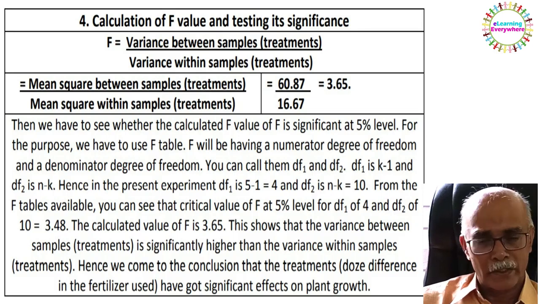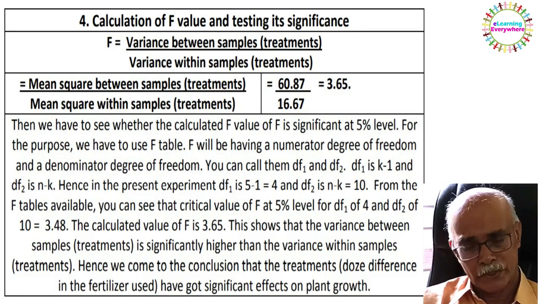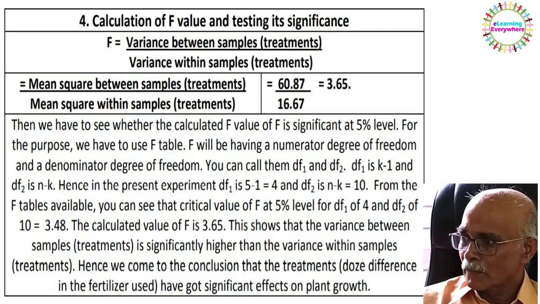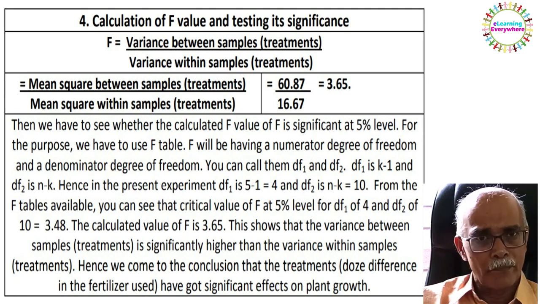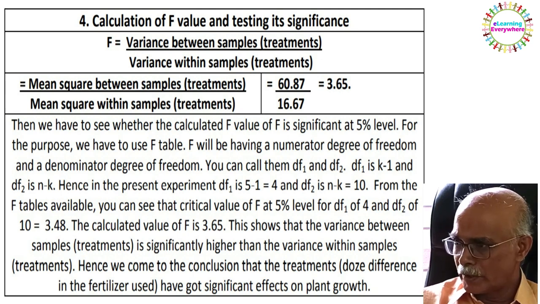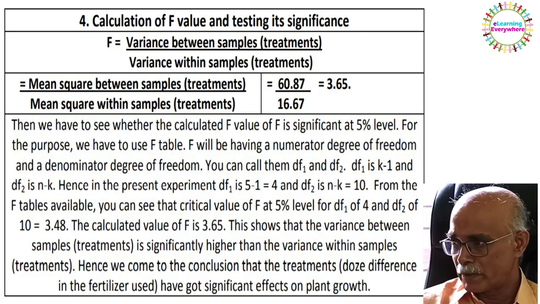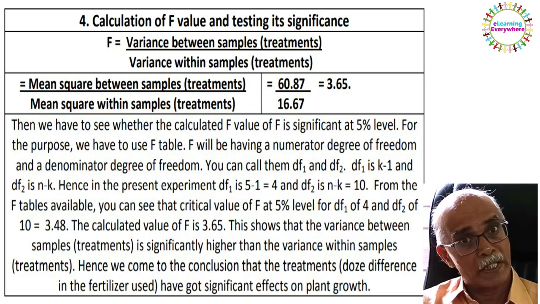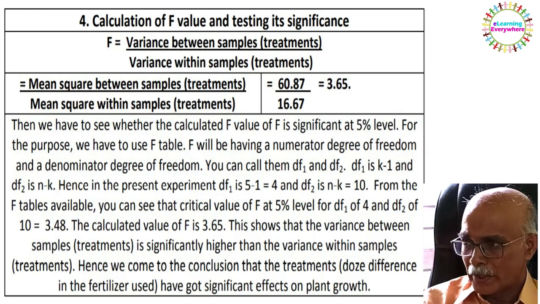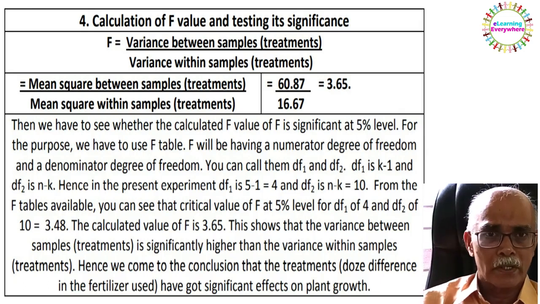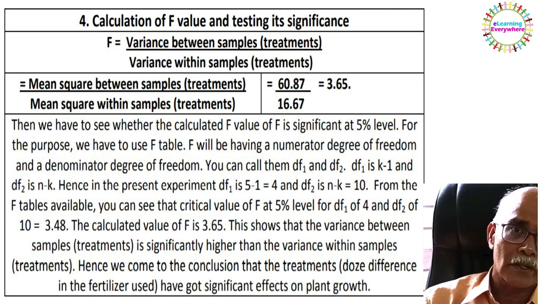Means the calculated value is higher. Means that in the ratio, the mean square between treatments is significantly higher. Means the treatment has resulted in significant variation between the treatments.